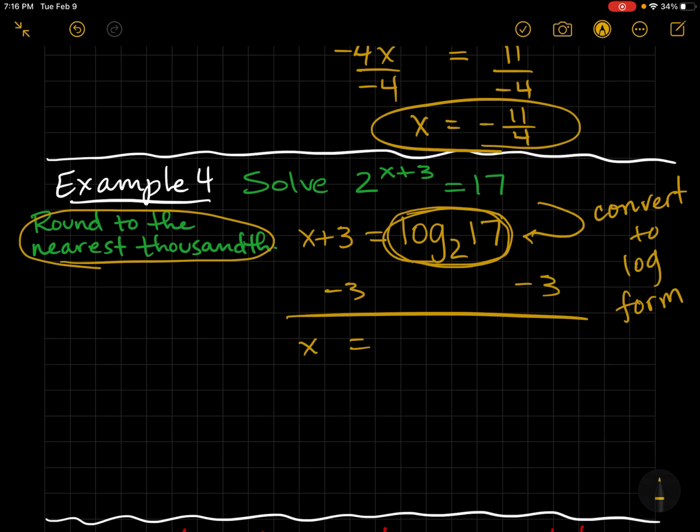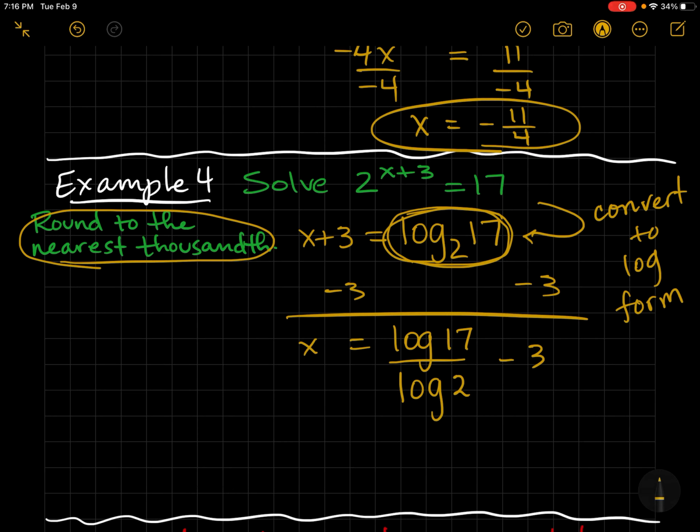So now we're going to punch this into the calculator by changing it to base 10. So definitely grab your calculator. I like the Desmos scientific calculator. It's a great one.